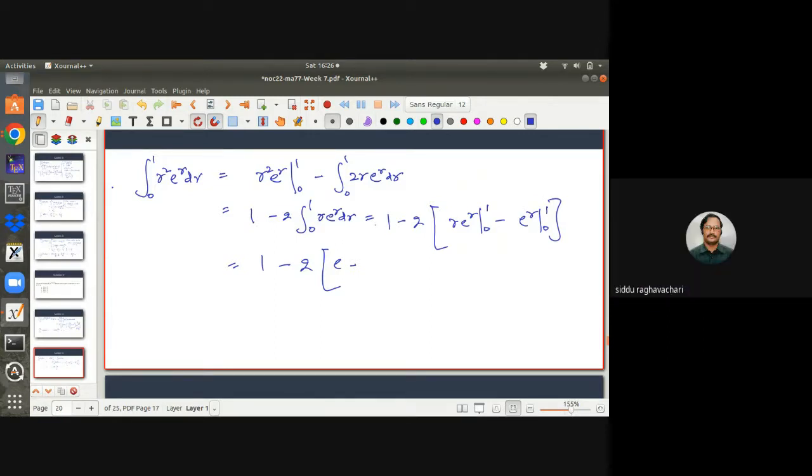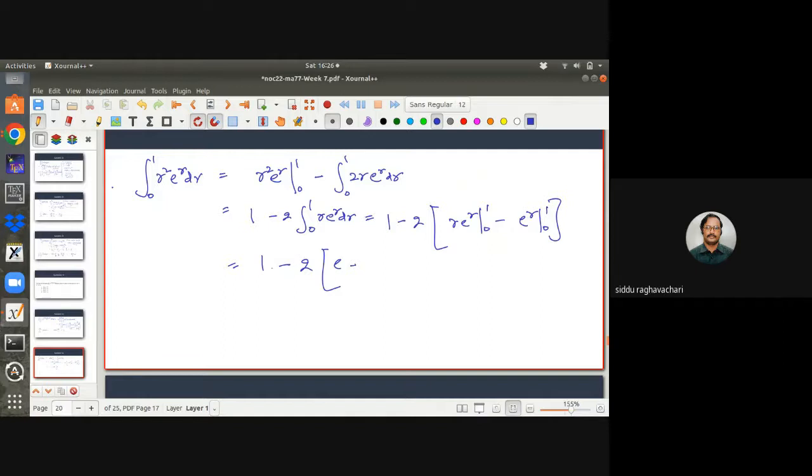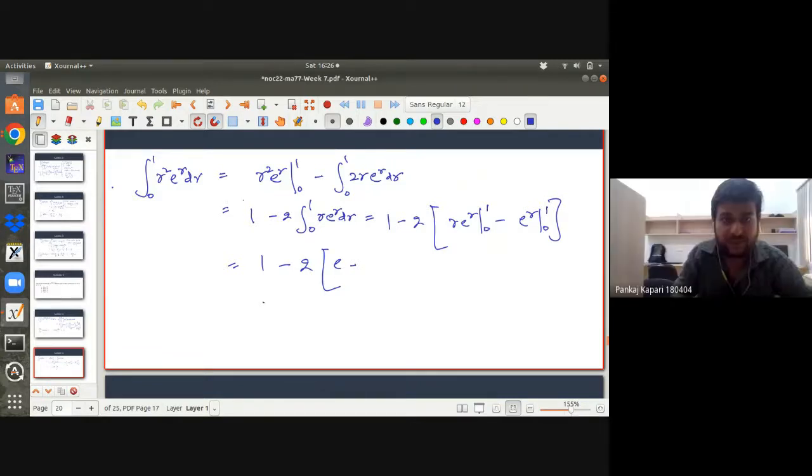Applying the limits 0 to 1, it is 1 square into e to the power of 1, that is the upper limit, minus the lower limit. If you put 1, you will get e, and if you put 0, then you'll have 0.